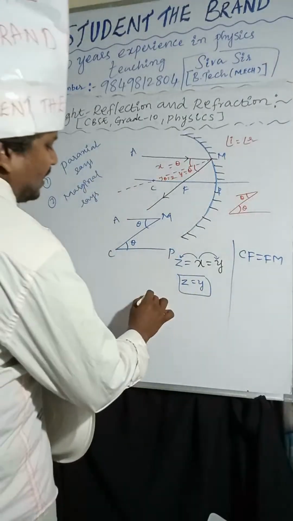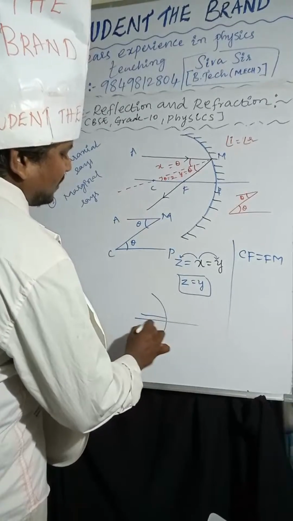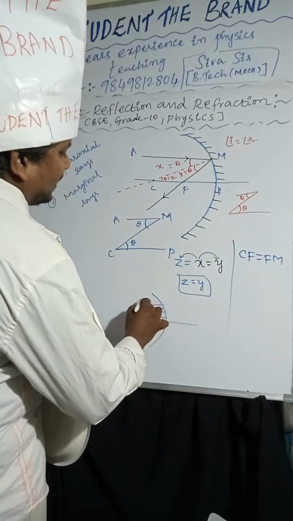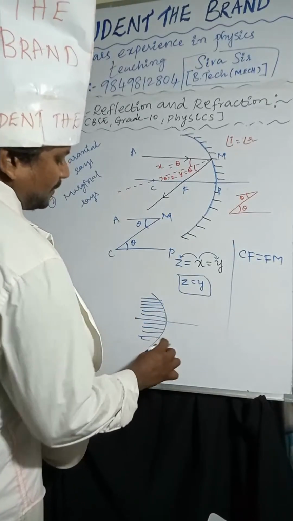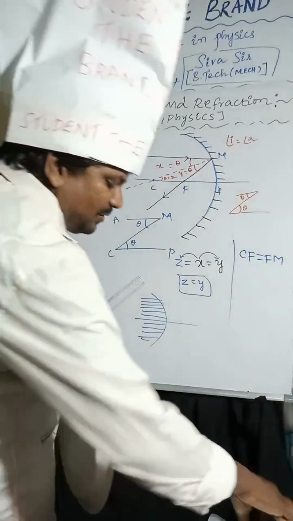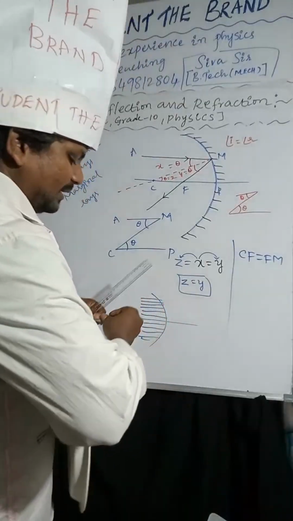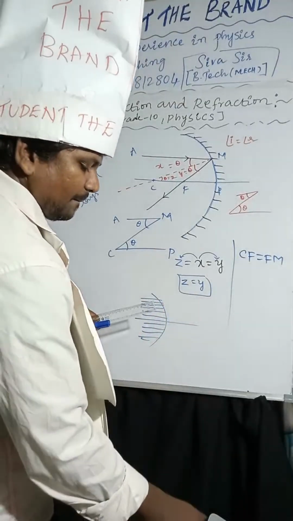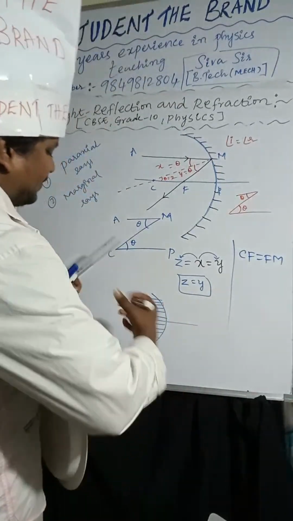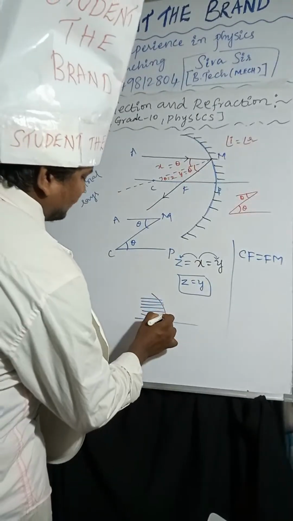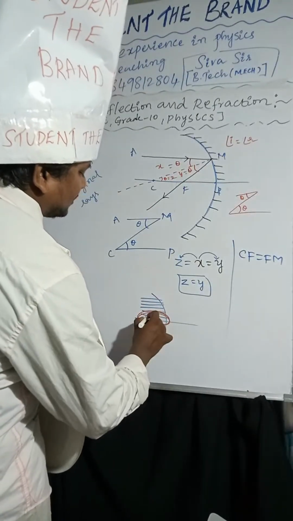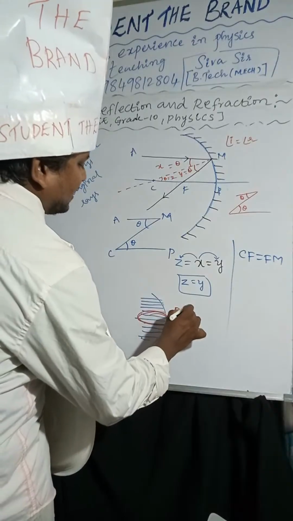Taking a concave mirror like this, these rays are very close to the principal axis, so those are called paraxial rays.